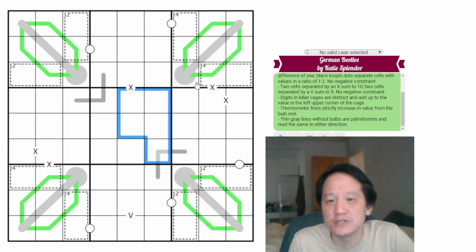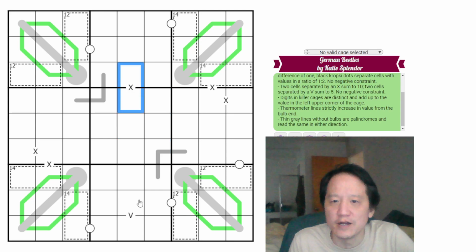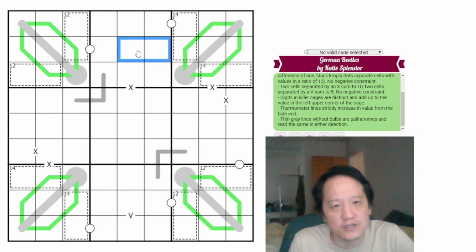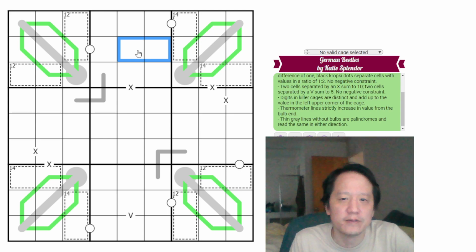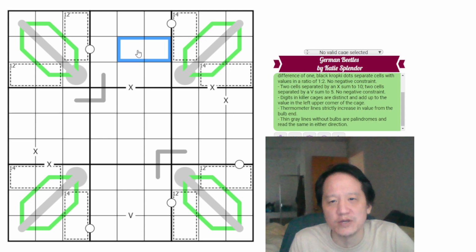Two cells separated by an X sum to 10. Two cells separated by a V sum to 5. And there are no negative constraints, same thing. That means these two cells could add up to 10, but since there's no X there, that doesn't imply anything, if that makes sense.